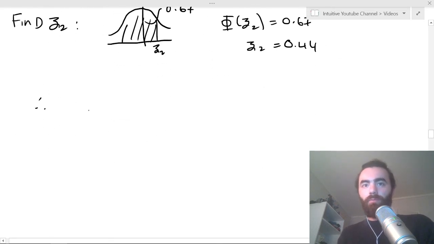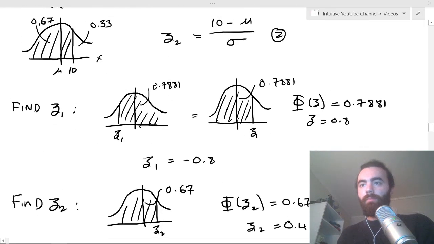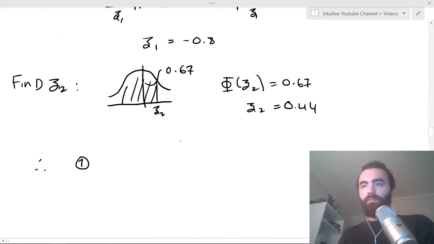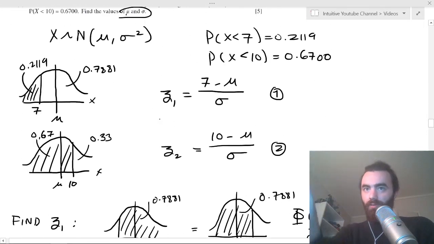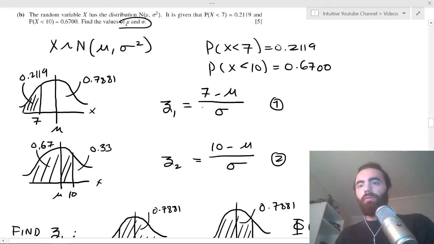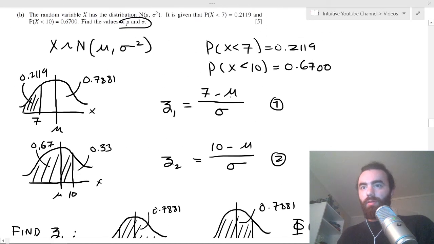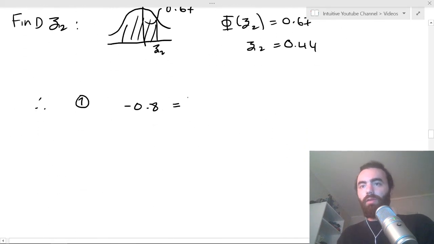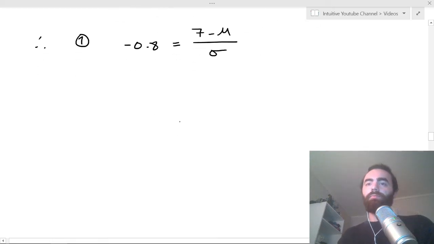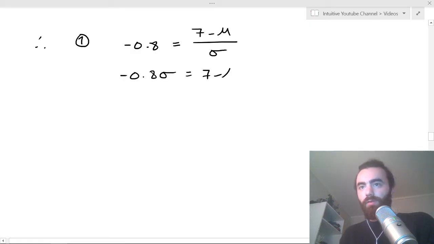So therefore, your equation 1 now becomes, and we did all this so we can find the mean and the standard deviation, minus 0.8 equals 7 minus mu over the standard deviation. So we could make this simpler. We could say minus 0.8 standard deviation equals 7 minus mu.